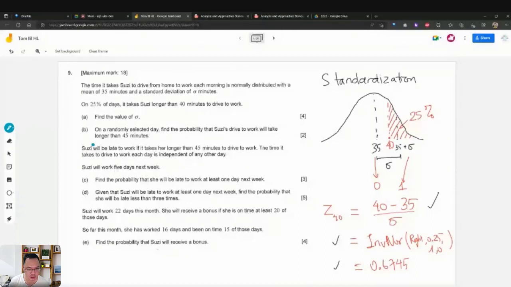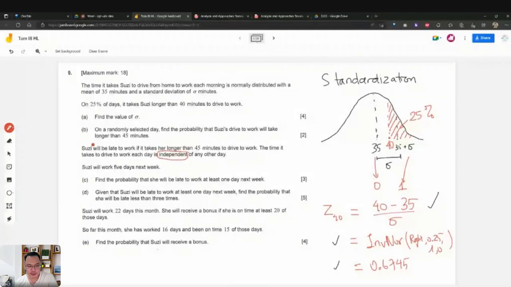The time it takes to drive to work each day is independent of any other day. When we see a word like this, independent, we would think about the binomial distribution.